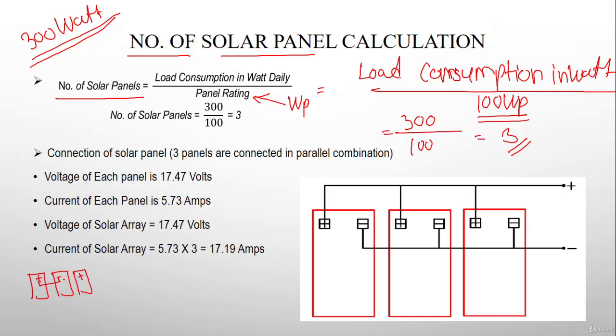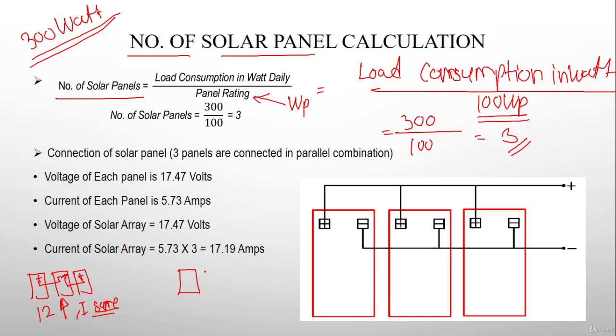Like that, the opposite connections, it is called the series combination. In the series combination, the voltage is continuously increasing and the current will remain the same.